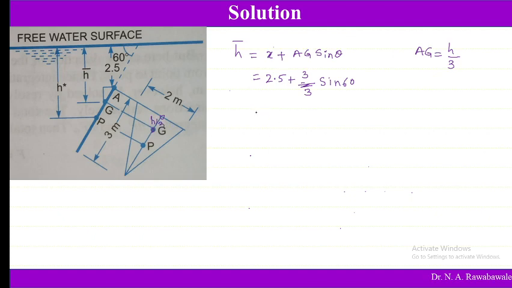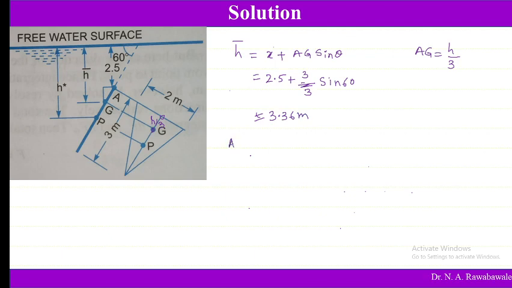Now if we simplify this, h bar is 3.36 meters. h bar is known now.